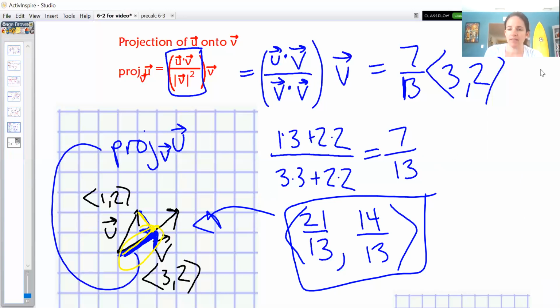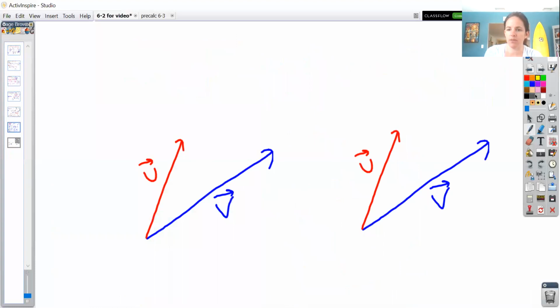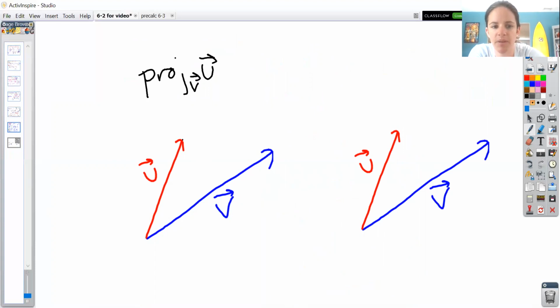The last note that I want to point out to you is that you can find both of them, so be careful about which one you're finding. The projection of u onto v means I'm going to drop the perpendicular from the tip of u to v, and then this would be the projection of u onto v right there, the black vector.